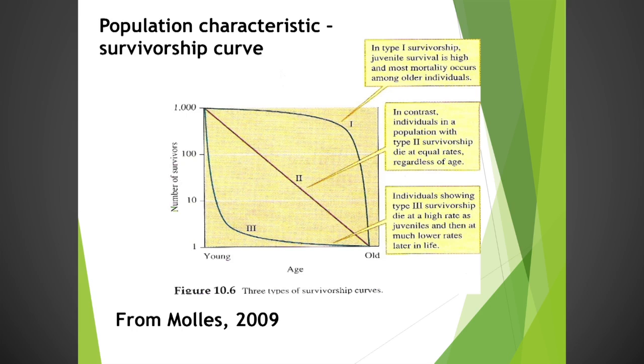Here, the physical environment, the habitat of the organisms, would be very unfavorable. That causes high mortality of the young. And only a small segment of the surviving population will reach the reproductive age. That's why it's called concave.